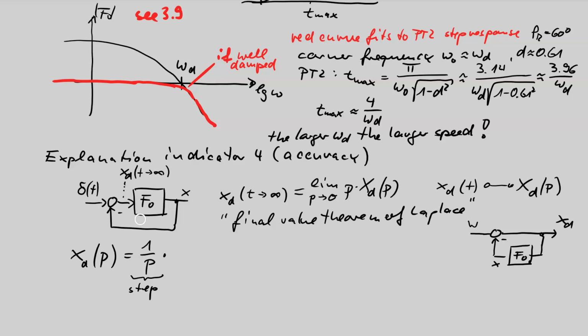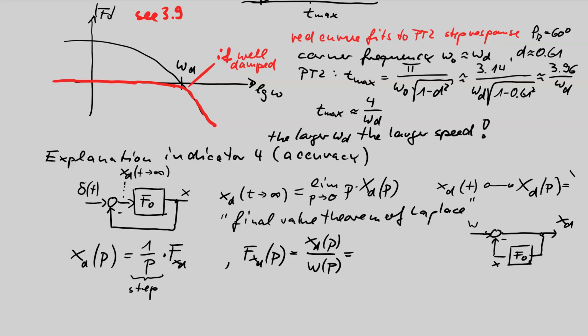This signal block diagram and this are identical, just redrawn so that you can see: if this is the input, this is the output, x_d(p). Let's call the transfer function F_xd, and F_xd is the output x_d(p) divided by the input w(p).